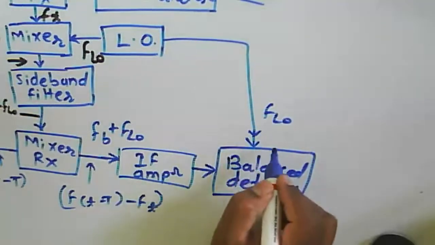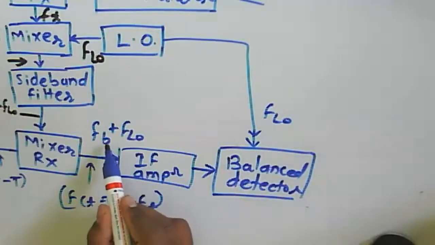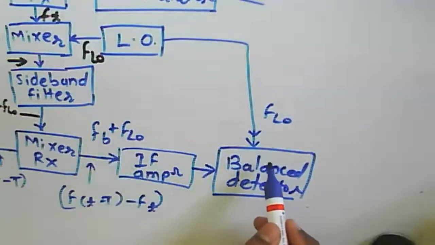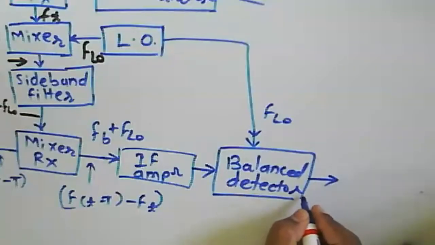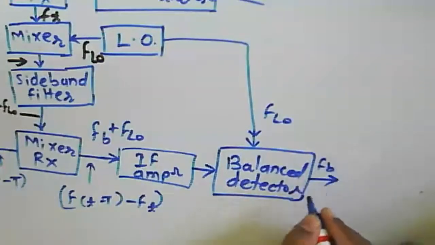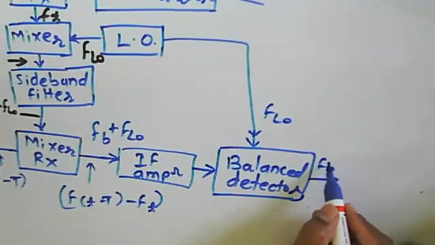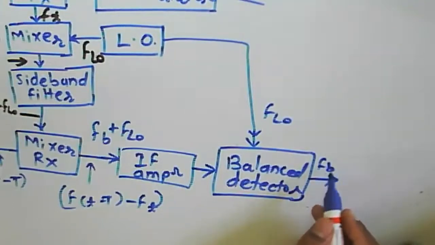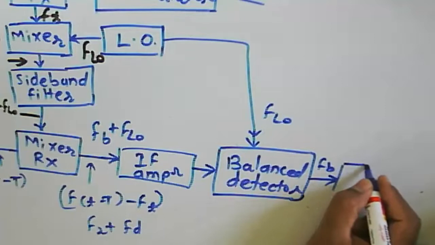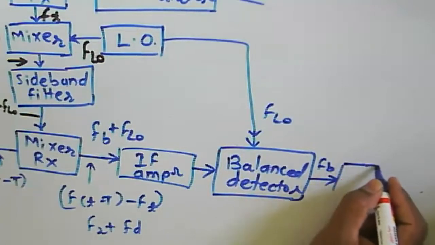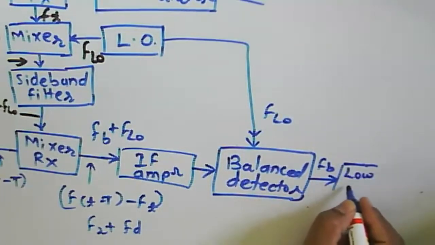Now here FB plus FLO. With the FLO here, we get only the FB signal, that is the beat signal. The beat signal consists of the range frequency signal, FR plus FD, and then that is applied to the low frequency amplifier.